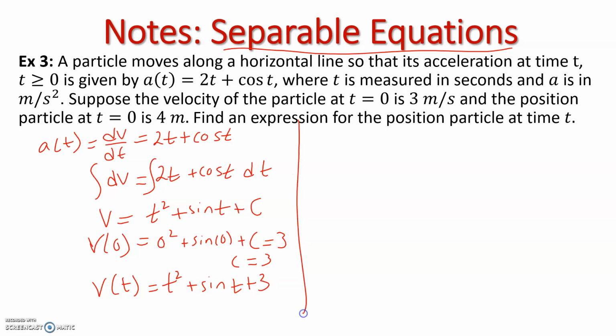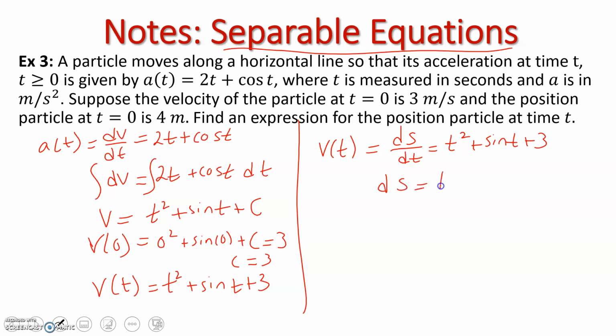Now similarly, we're going to work backwards from velocity to position. We know that our velocity is just the change in position over the change in time, meaning that ds/dt is t squared plus sine of t plus 3. And then we will rewrite this as a separable equation as ds is equal to t squared plus sine of t plus 3 dt.